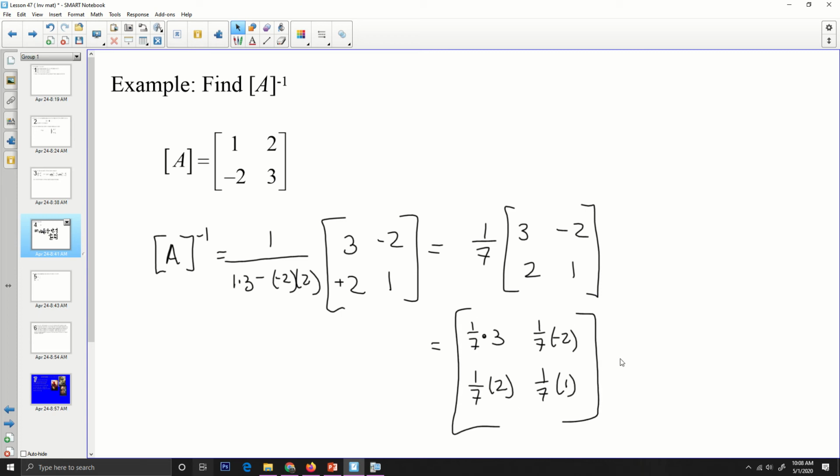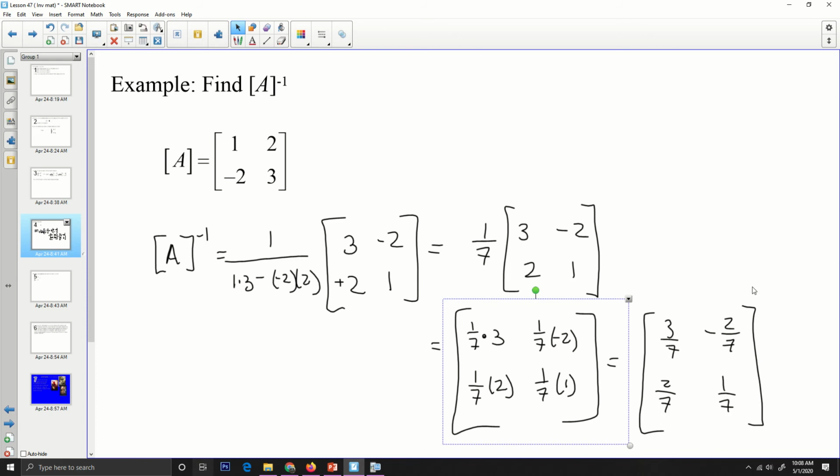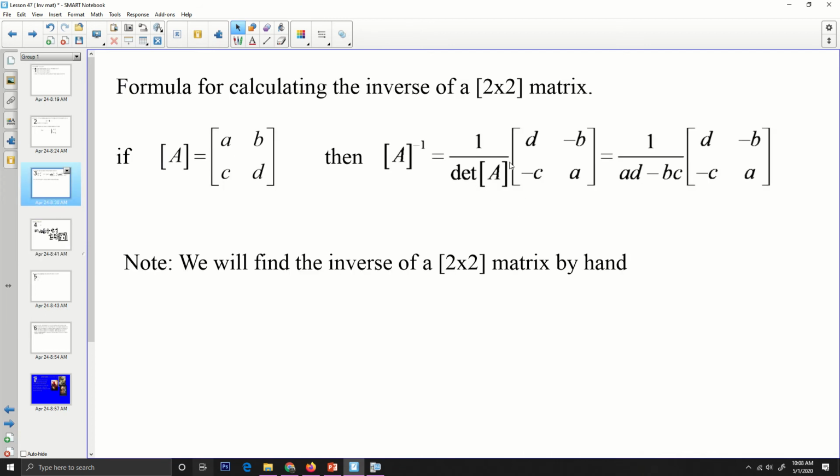That will leave us with our final answer: 3/7, -2/7, 2/7, and then 1/7. You'll notice just by the definition, with this 1 over the determinant, we're probably going to get a lot of fractions when we find inverse matrices.